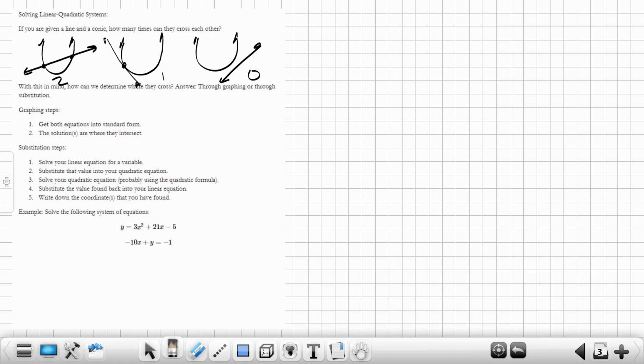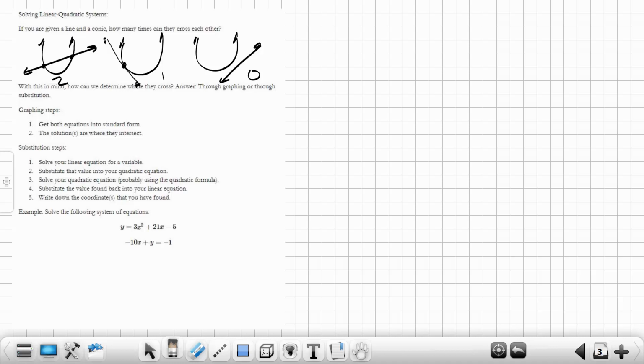So, Sydney, when we are graphing, we need to get both of our equations into a standard form. If it's a parabola, we know our standard forms: y equals a times x minus h squared plus k, or x equals a times y minus k squared plus h. Or we get our circle, x minus h squared plus y minus k squared equals r squared. And then we have the standard equation of a line, which we haven't looked at in a couple of chapters.